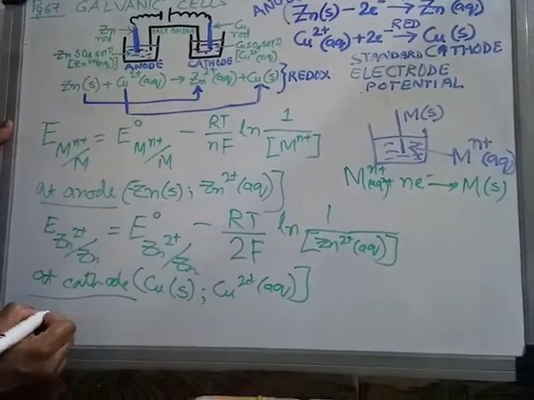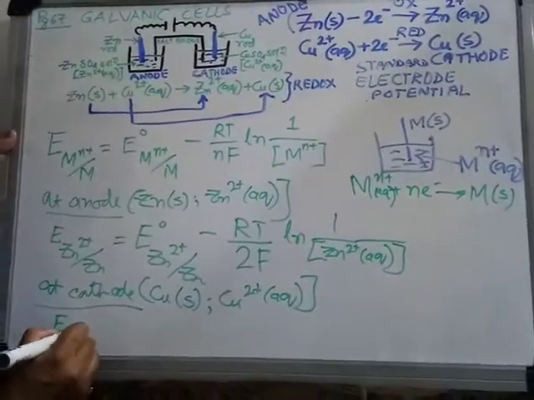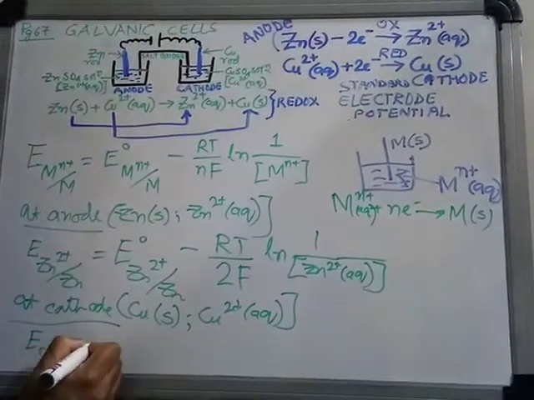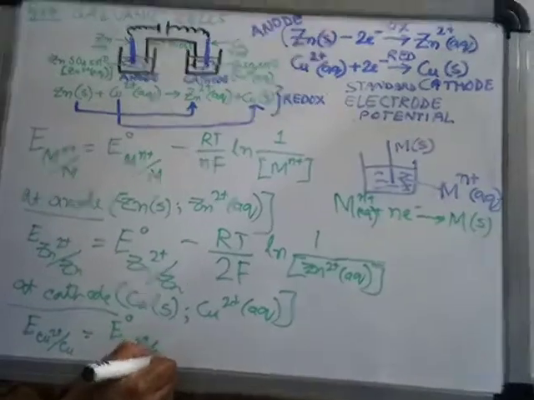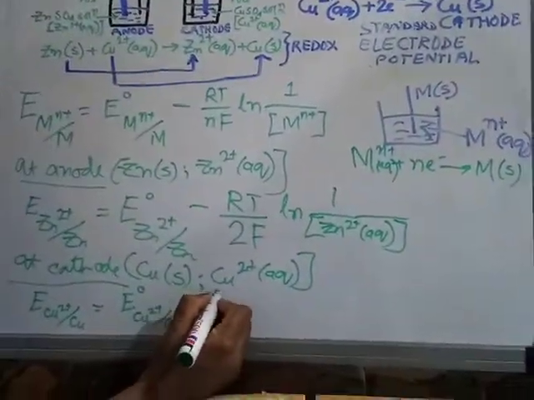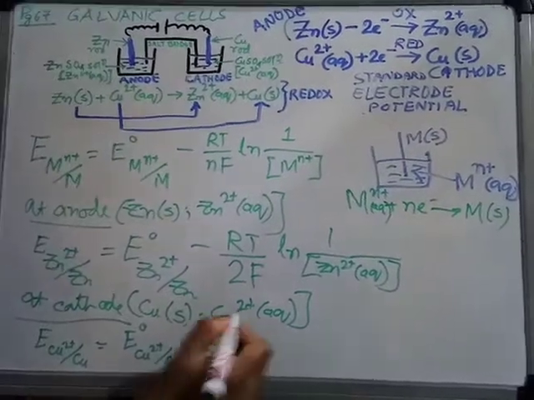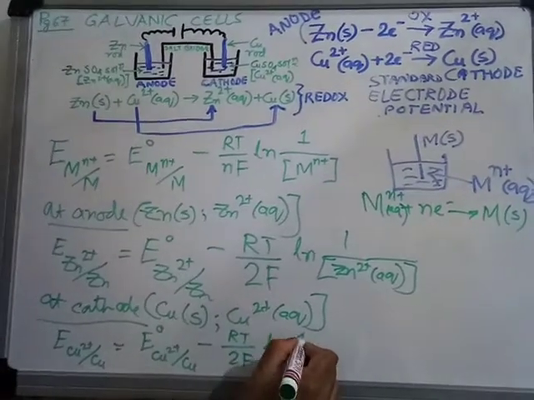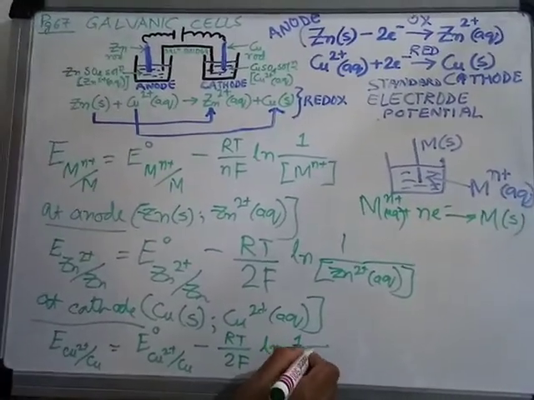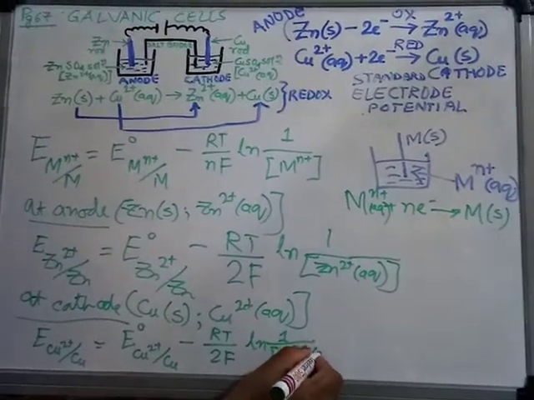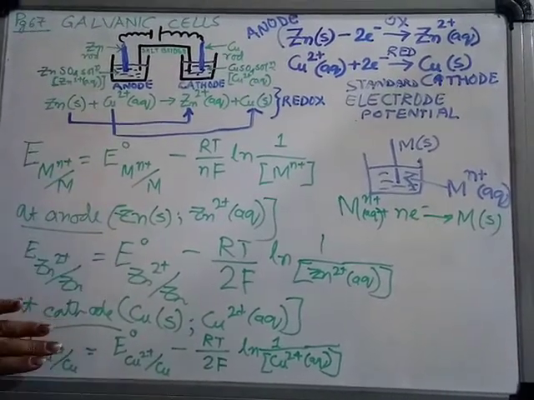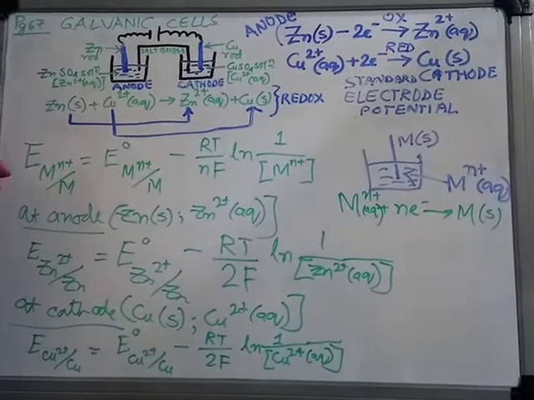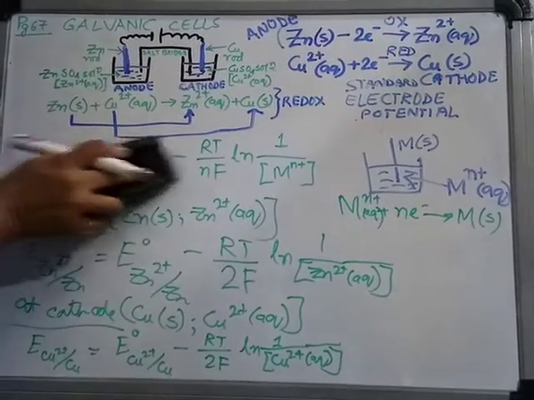So the Nernst equation can be written as E Cu2+/Cu is equal to E0 Cu2+/Cu minus RT divided by, again you can see it is 2 electrons, so 2F ln of 1 divided by the concentration of Cu2+ aqueous. So these are the two equations. I hope you have understood till here.